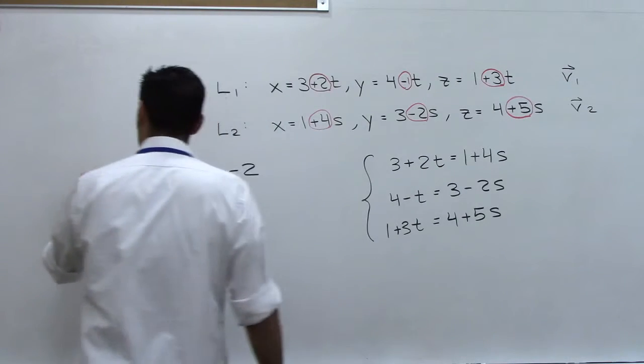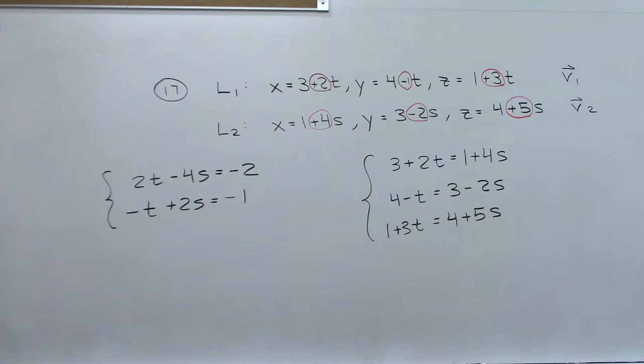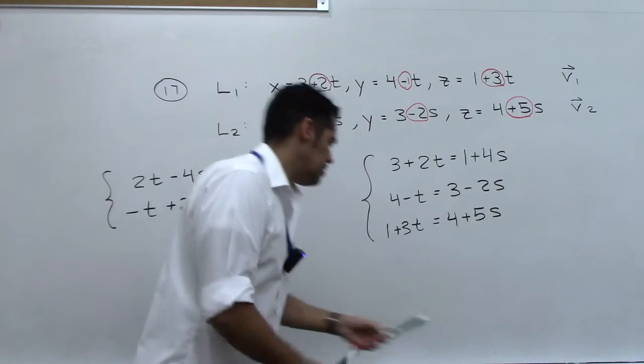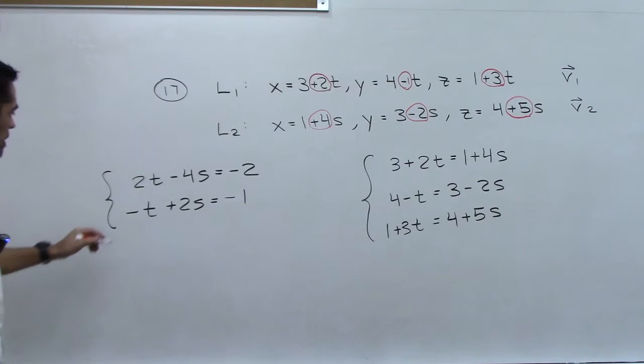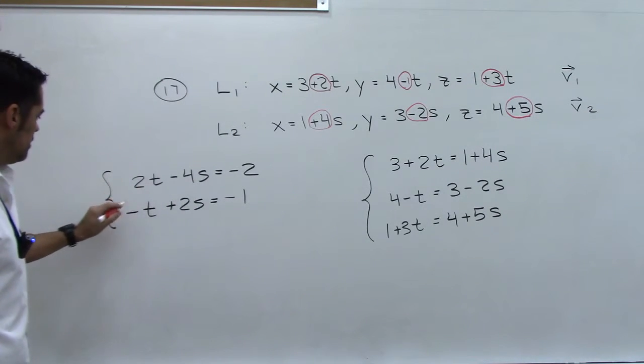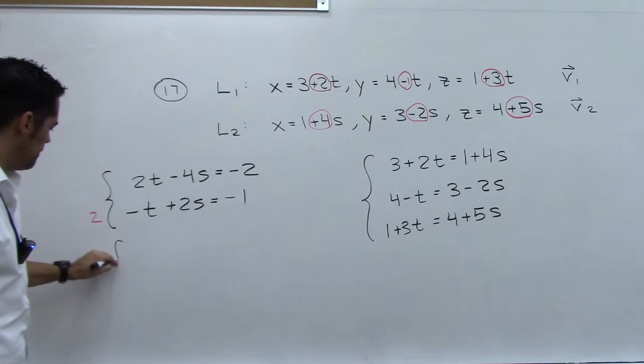So now for these 2 equations, 2 unknowns, I can use elimination, I can use substitution, depending on what you've done in the past. I'm just going to do elimination, and I'm going to try and kill off the t's. So I'm going to multiply this equation by 2 and then rewrite the system.